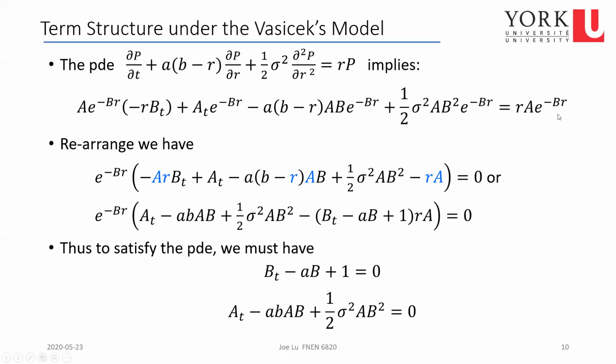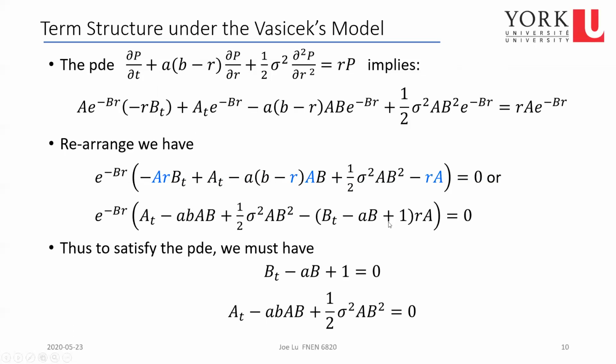And this must be satisfied because this really is the original PDE. Now we can rearrange a little bit. First of all, we take out the factor e to the power of minus Br, and because this thing is equal to 0, that means whatever is in the bracket must equal 0.